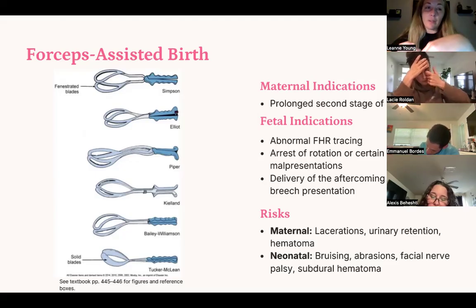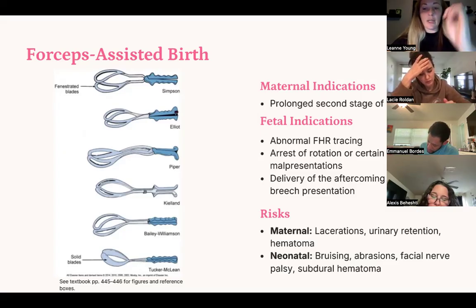Forceps are not used as commonly because the risk to baby is a little bit more increased than with a kiwi delivery. It's a little bit more traumatic of an assisted birth, so we try to use this as sparingly as possible. For moms, we can see increases in lacerations, urinary retention, and hematomas. And for babies, we can see bruising, abrasions, sometimes facial nerve palsy, and subdural hematomas.